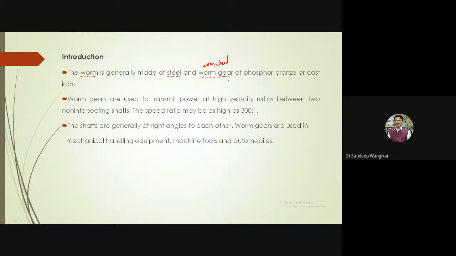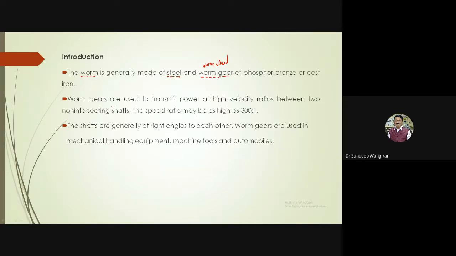The worm gears are used to transmit power at high velocity ratio. Before going to this point, we have solved the numericals for spur gear and helical gear, where the maximum ratio in spur gear is 6 to 1 or 8 to 1.